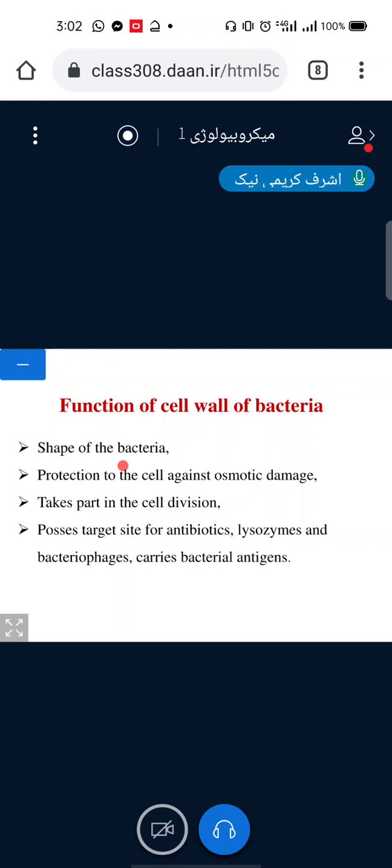The morphology of bacteria is related to the cell wall. If a bacterium loses its cell wall, it no longer has a distinct shape.